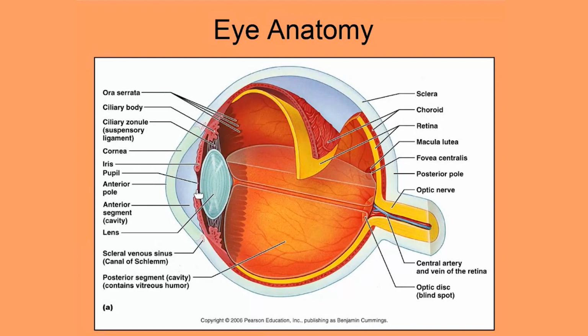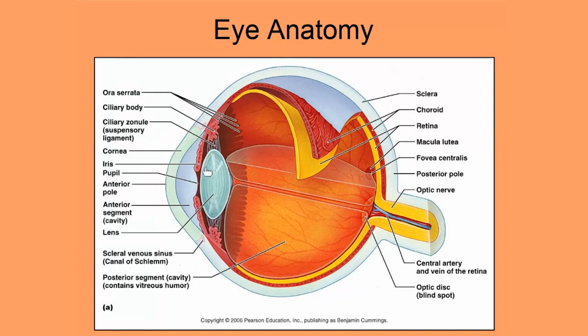And the importance of the pupil is it's going to let light rays pass from that anterior segment into our posterior segment and through the lens of the eye. So just behind the iris and the pupil, we've got the lens, which you can see right here.